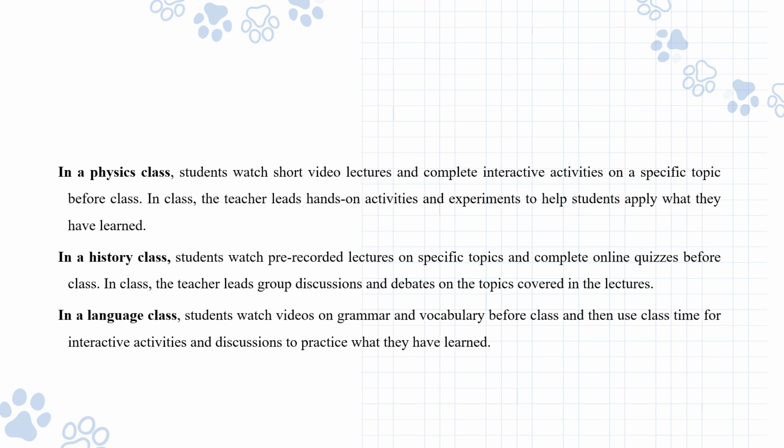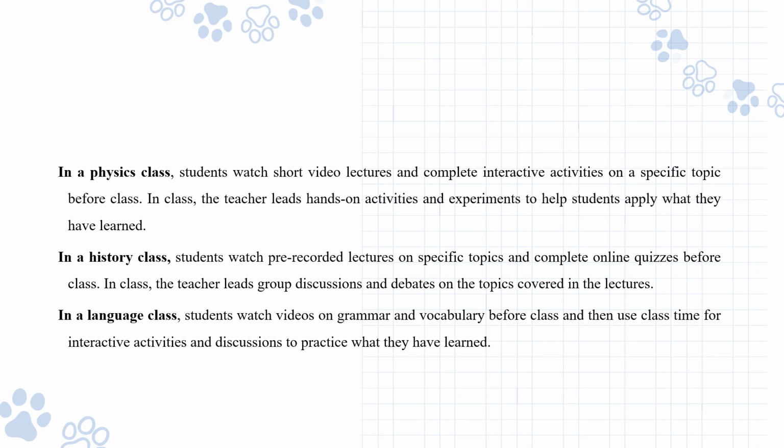In a physics class, students watch short video lectures and complete interactive activities on a specific topic before class. In class, the teacher leads hands-on activities and experiments to help students apply what they have learned. In a history class, students watch pre-recorded lectures on specific topics and complete online quizzes before class.